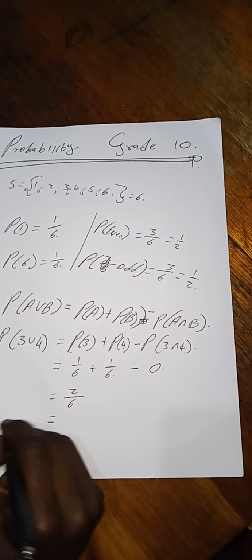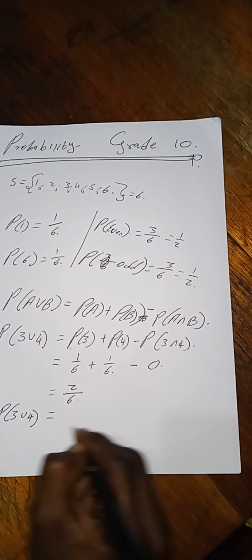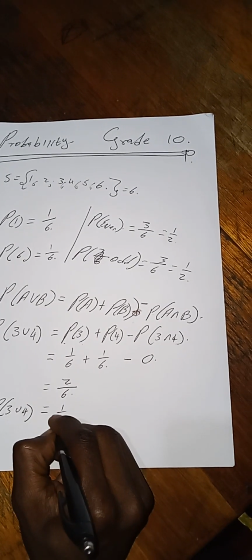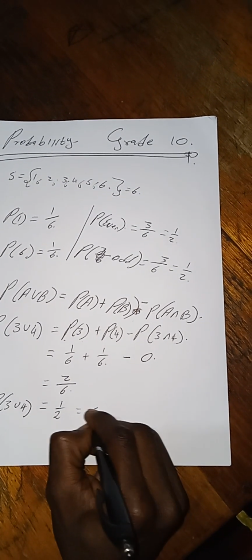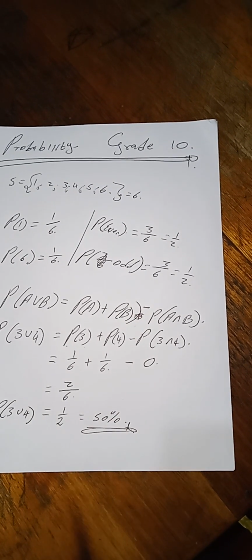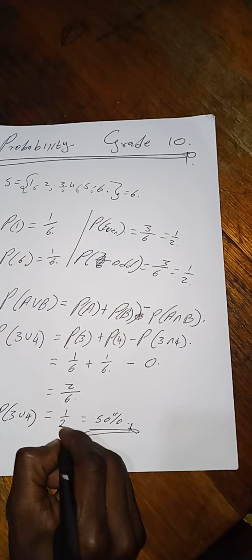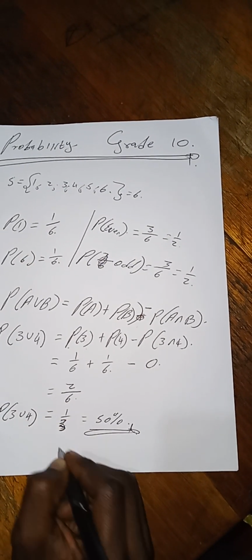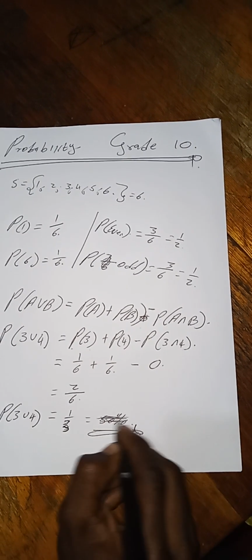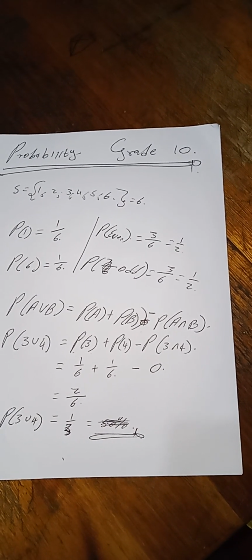Therefore, the probability of getting 3 or 4 is equal to 1 over 3. Sorry for the calculations. It's going to be 1 over 3.